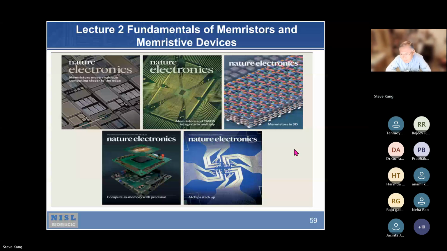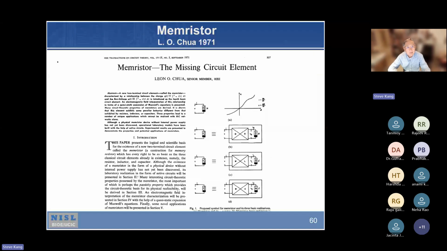Now, back in 1971, in IEEE Transactions on Circuit Theory, that was the name of the transaction before Circuits and Systems, Leon Chua published a paper on memristor as the missing circuit element.